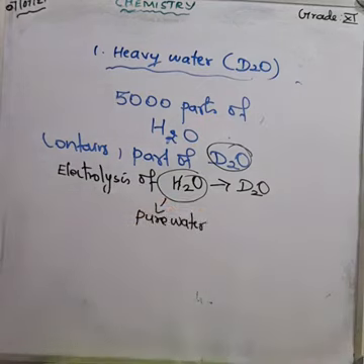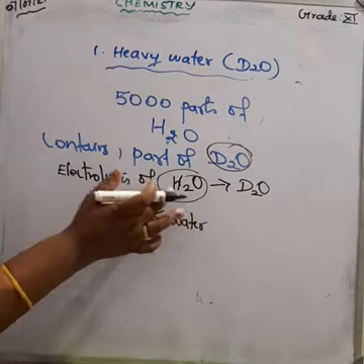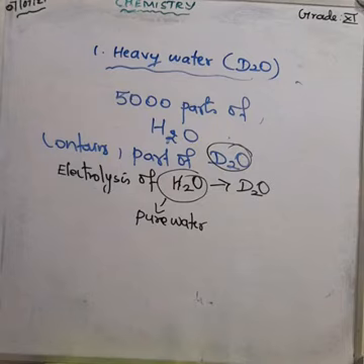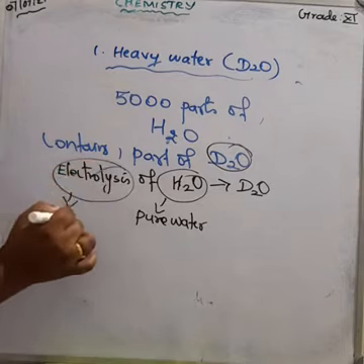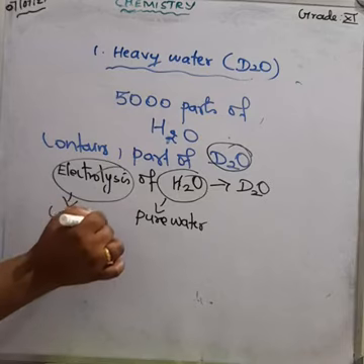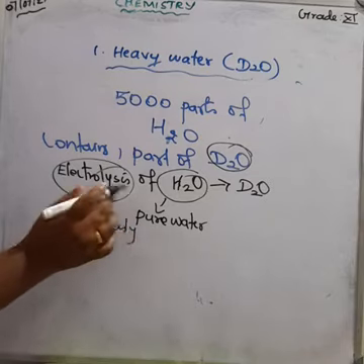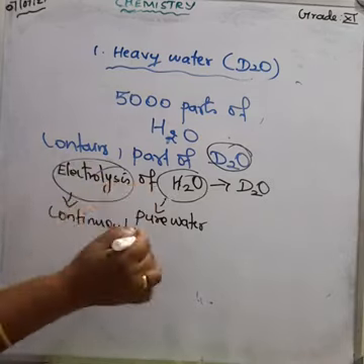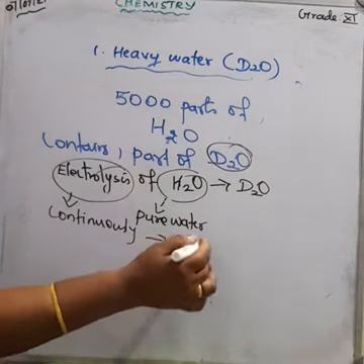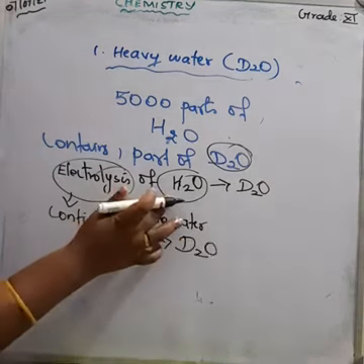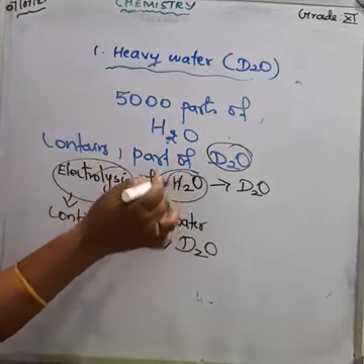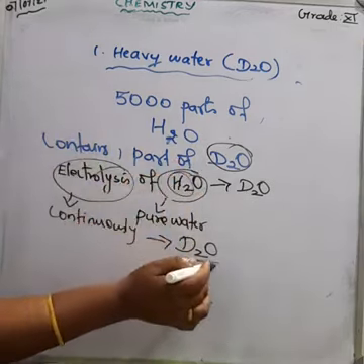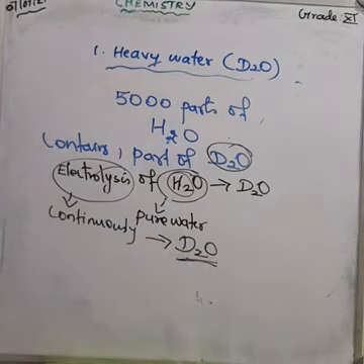Any alkaline solution mixed with the water, when the electrolysis process, which we already studied, is continued, we get heavy water. All the hydrogen gas evaporates. After that, we get deuterium water, that is D2O.